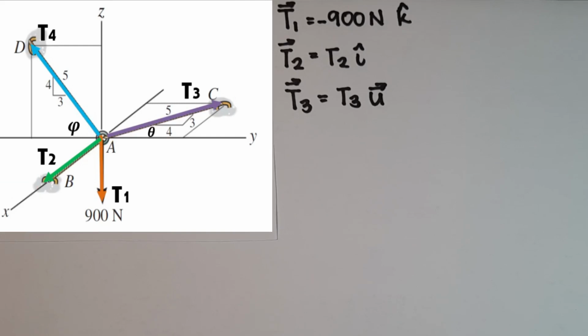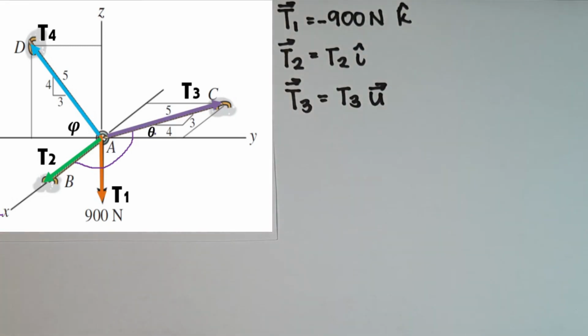This is our positive x, so the alpha of this is measured from positive x going here, so it will be 90 degrees plus theta.